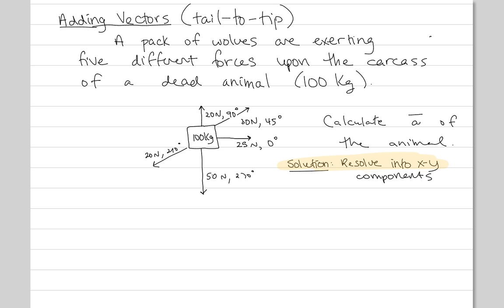In terms of what's important in Physics 20, this is one of the most important skills that you can master coming out of Physics 20 heading into Physics 30. Being able to understand that forces at angles have to be resolved into their 2 components.